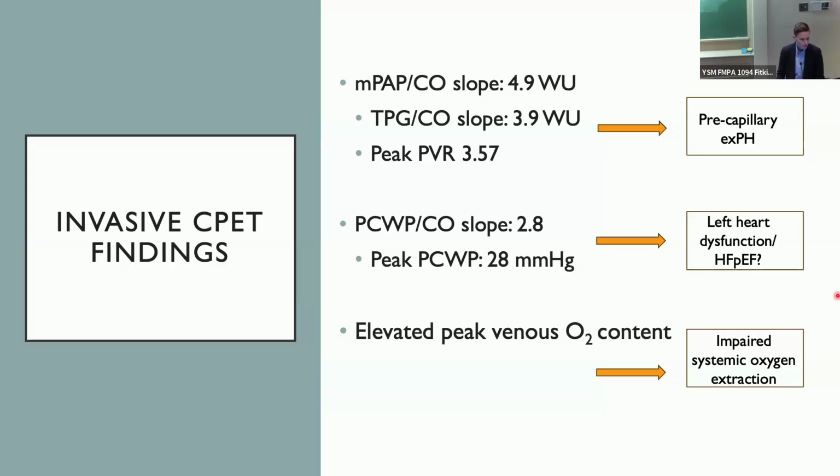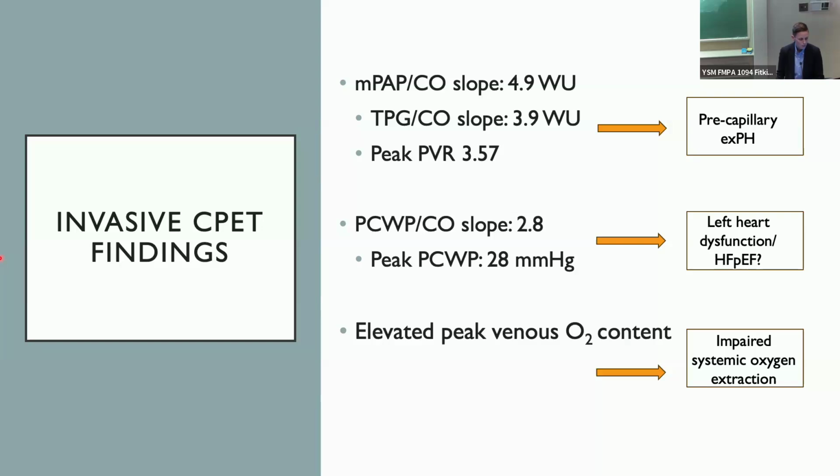And then finally, she had an elevated peak mixed venous oxygen saturation and a depressed arteriovenous oxygen content difference in the absence of significant hyperventilation. This suggested impaired systemic oxygen extraction, highlighting that abnormal peripheral oxygen utilization was contributing as well to her symptoms due to mechanisms like microvascular dysfunction, endothelial dysfunction, or perhaps mitochondrial dysfunction.